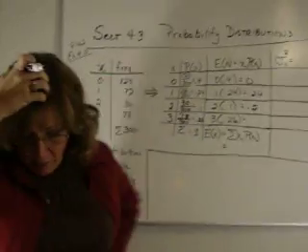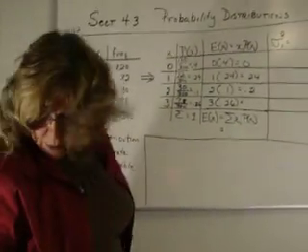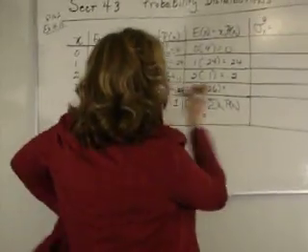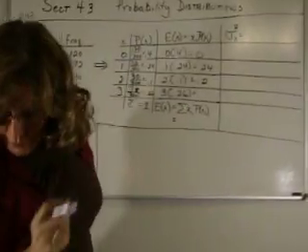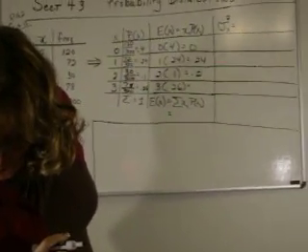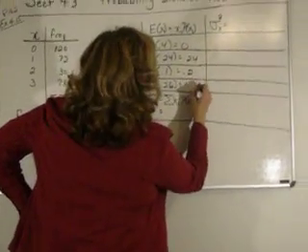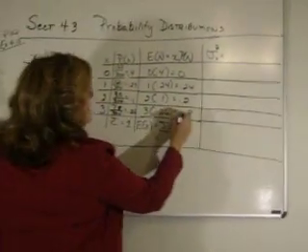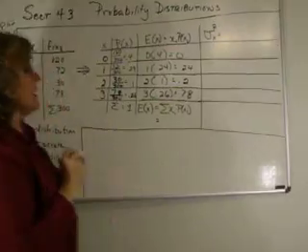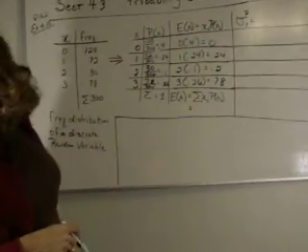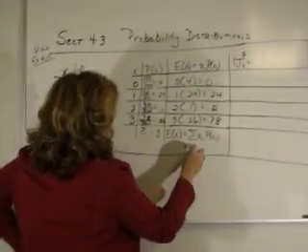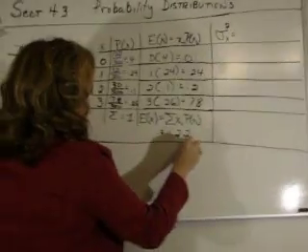And 3 times 0.26 is going to be equal to 0.78. When we add all of those up, we end up getting 1.22.